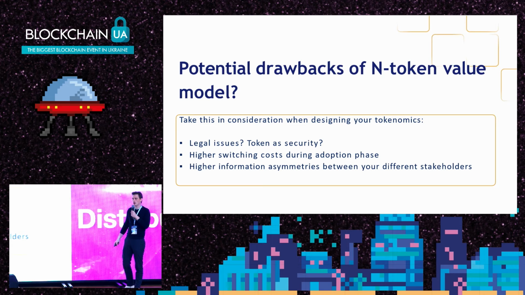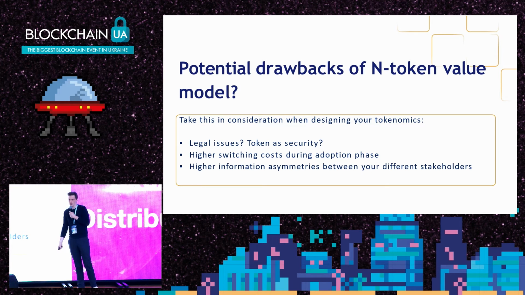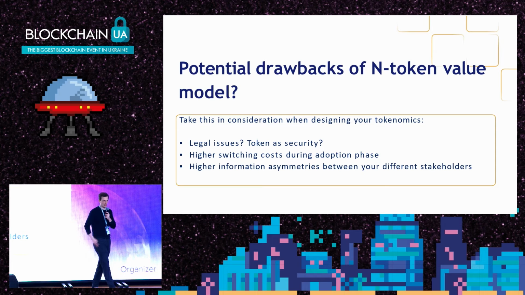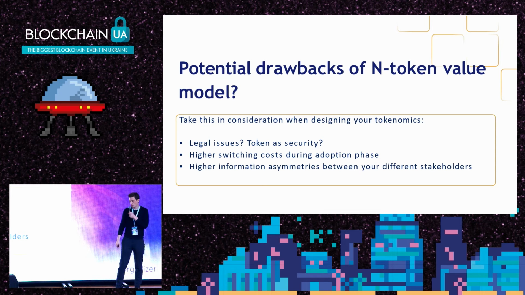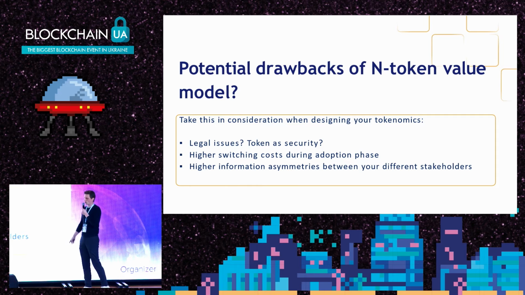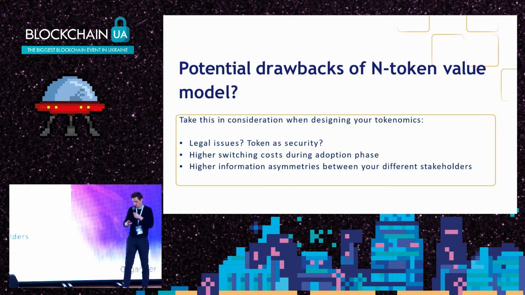I don't understand what the purpose of your 2 tokens or 3 tokens is. So I just give up and I won't switch to your network because it's too costly for me. And it could actually prevent you from having a higher adoption rate in the first phase.